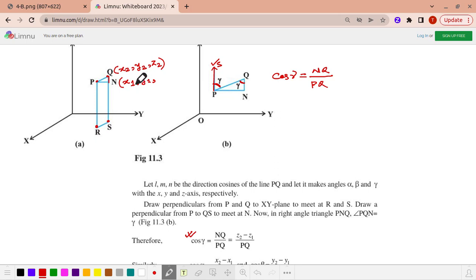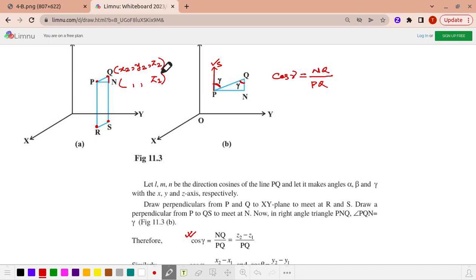Its y coordinate will also get changed. It depends on how far it is being shifted, what the distance between them is, but that is not the point of discussion here. All I can say is that the z coordinate of the point N will be z1.